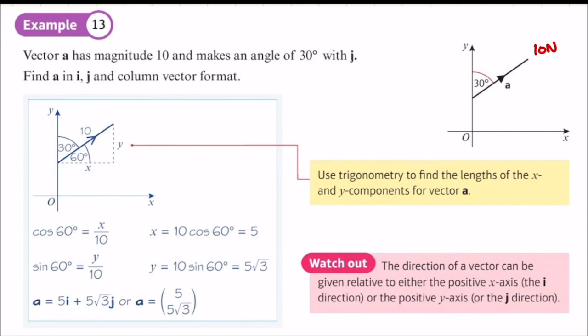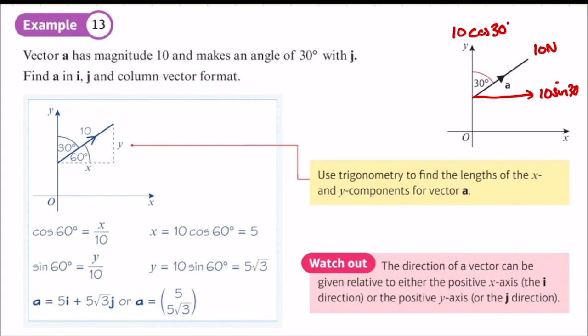I would look at this and say this is turning through 30 degrees, so the j component will be 10 cos 30. The 10 newton force, and we've turned through 30 degrees. In the i direction, we would have 10 sine 30 because we'd be going the other way.